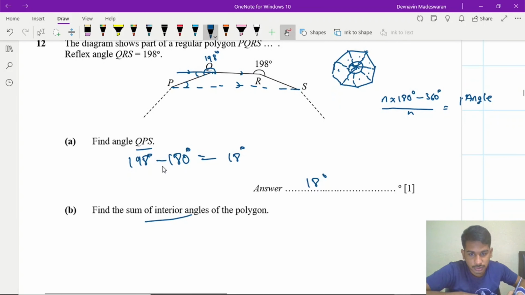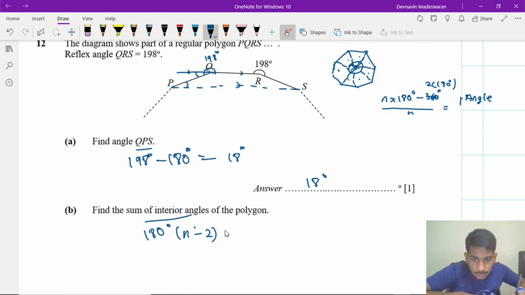So it's going to be n, and this is going to be 2 times 180 degrees. So n minus 2 times 180 degrees is equal to each angle. Each angle is 360 degrees minus 198 degrees, right?